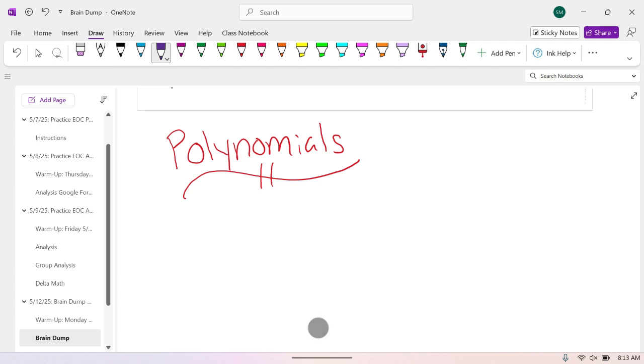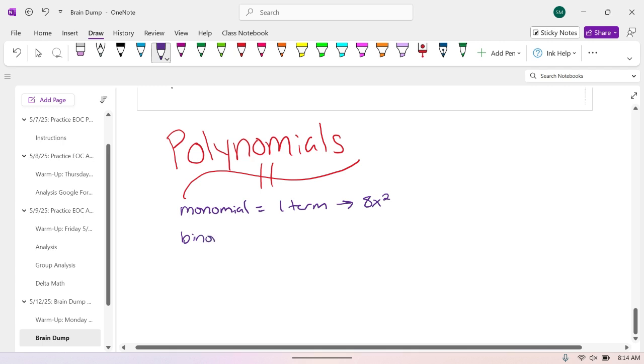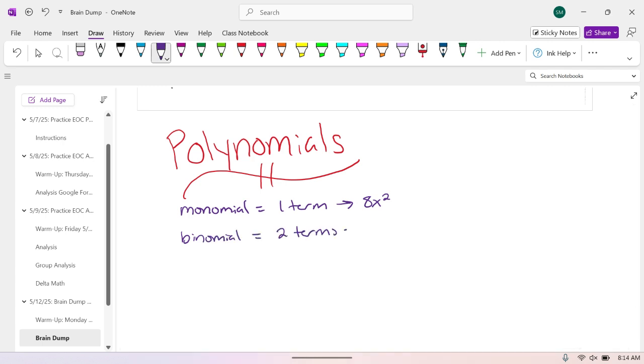So first thing you may need to know is monomial equals one term. So that can be 8x squared. Binomial is 2 terms.